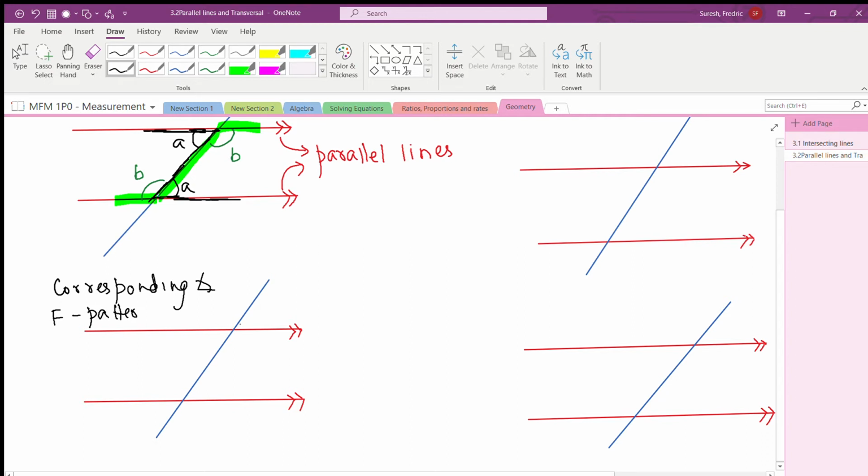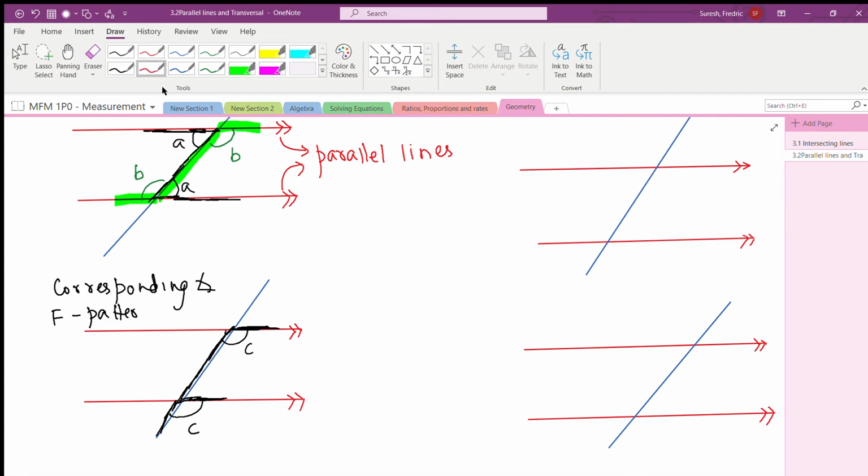So that's one part of it, there's the other part of it, and that is the third part of it, and that's the F pattern. These two angles are equal. Okay, so notice here, the below the top parallel line and below the second parallel line over there.